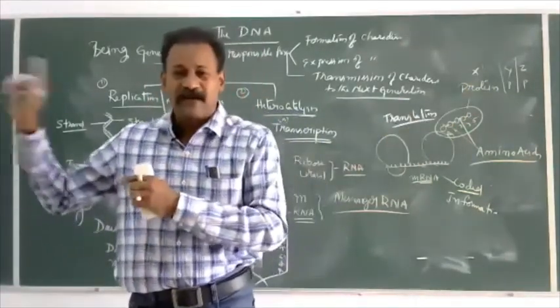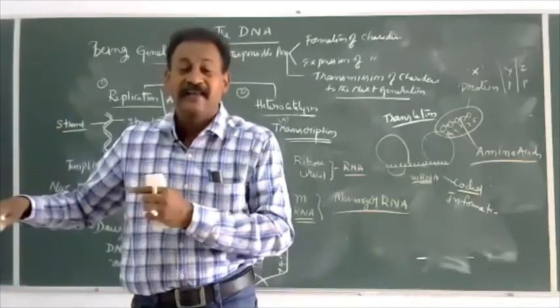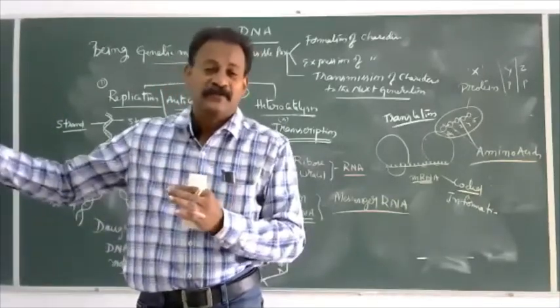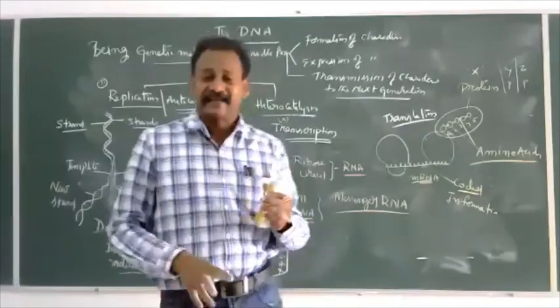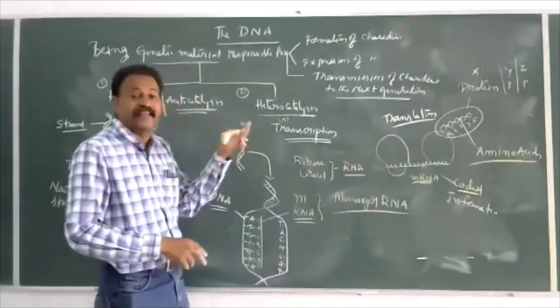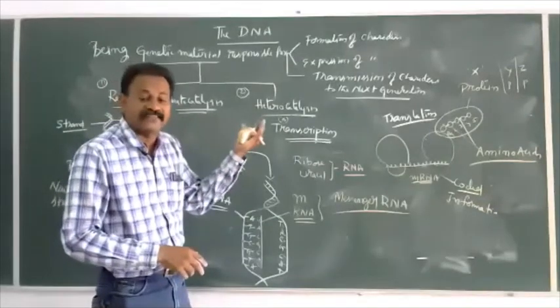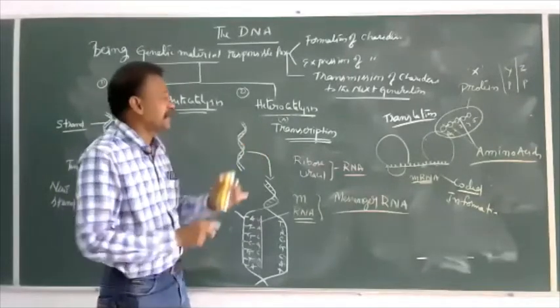So if any material has to show all these, it should be round, linear, or helical. Finally, it was elusive for a long period. That illusion was cracked by the double helix model presented by Watson and Crick. They got the Nobel Prize.